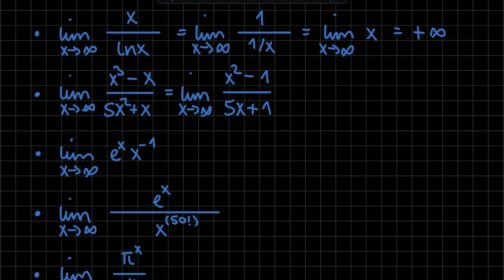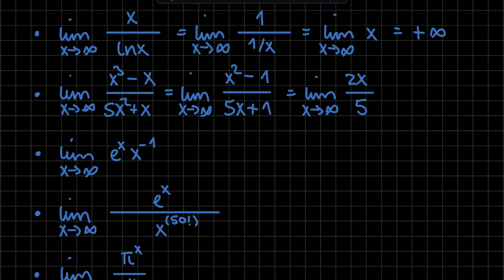So let's apply L'Hopital's rule. Differentiating the numerator is going to give us 2x, and differentiating the denominator gives us 5.